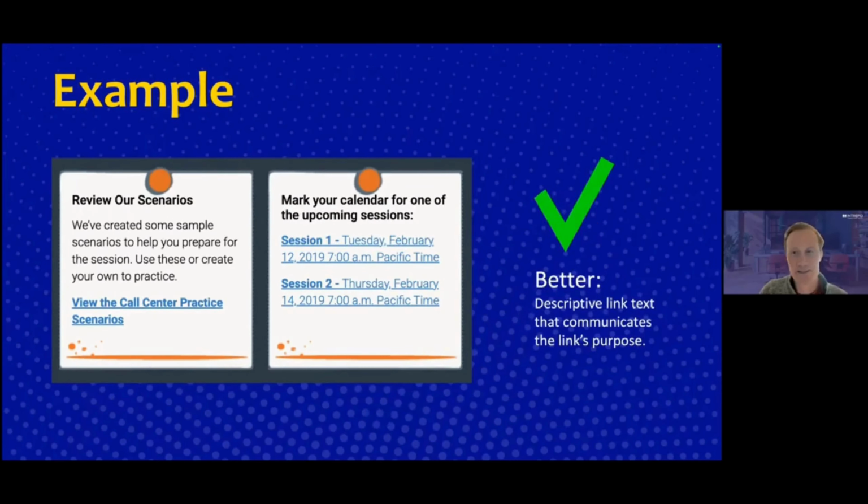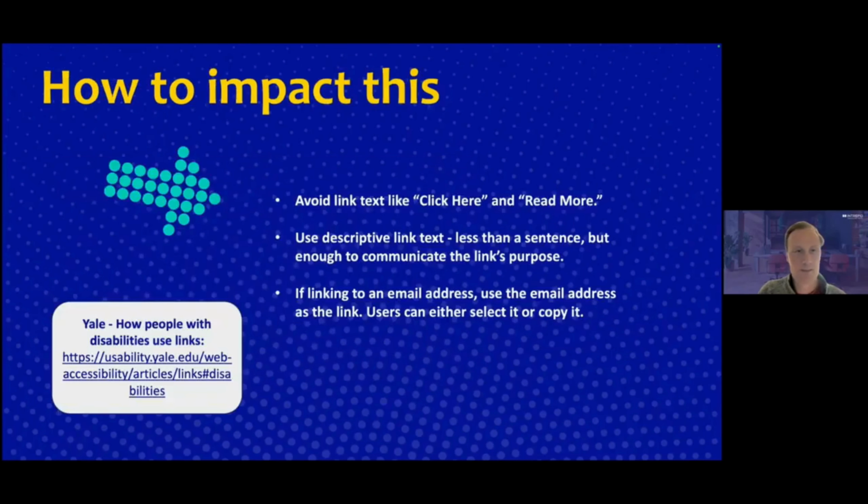And here's an improved example where links are a little bit more descriptive to communicate what it is and its purpose. For example, view the call center practice scenarios. That just gives learners a little better context so they know what it is and they can decide to open it. So when creating hyperlinks, remember to avoid the click here, read more text.